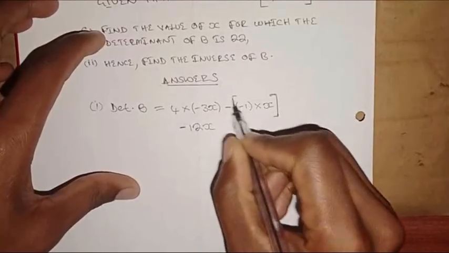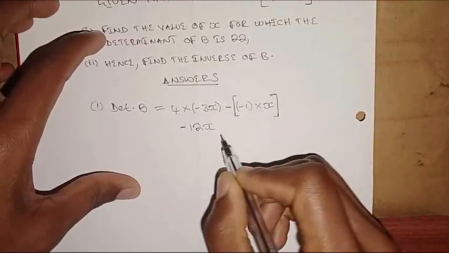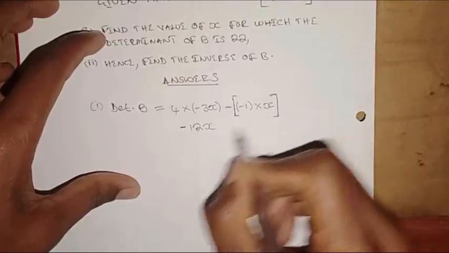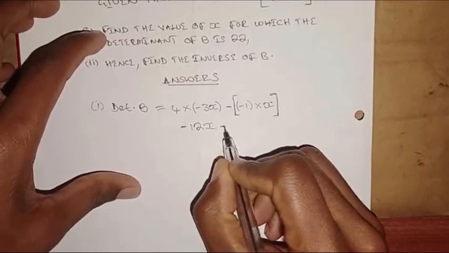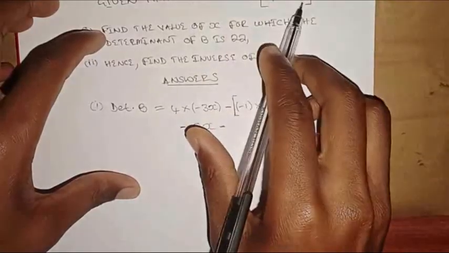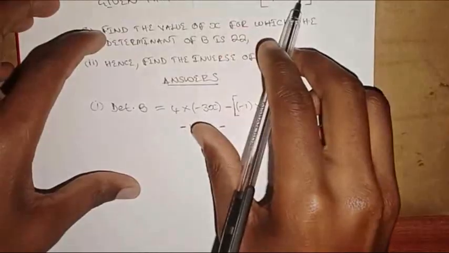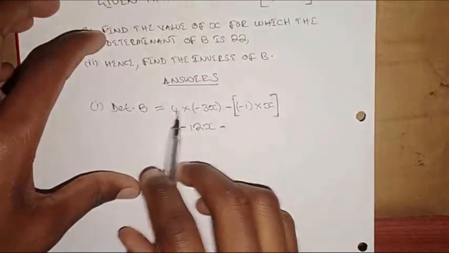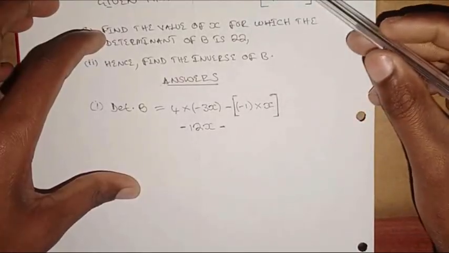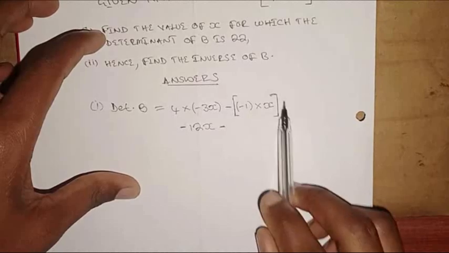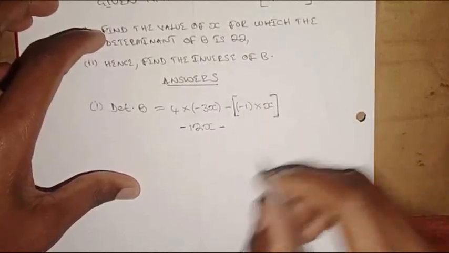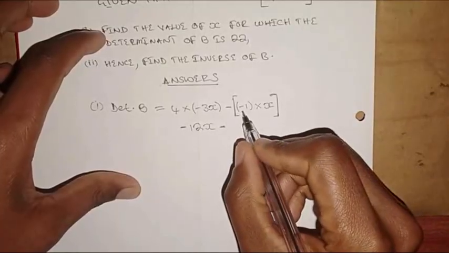We need to add the brackets outside and work out first what's inside here before we can do anything else, because when finding the determinant, it is the product of the elements in the leading diagonal minus the product of the elements in the trailing diagonal. So this is all the trailing diagonal. That's why we are putting them in brackets. We need to find the value first. So what is negative?